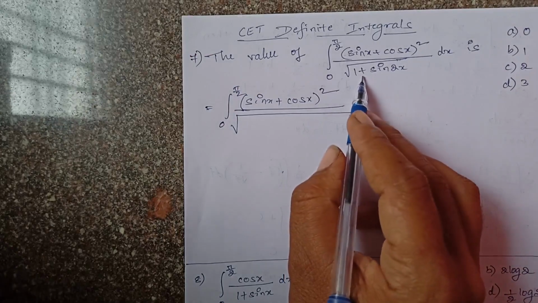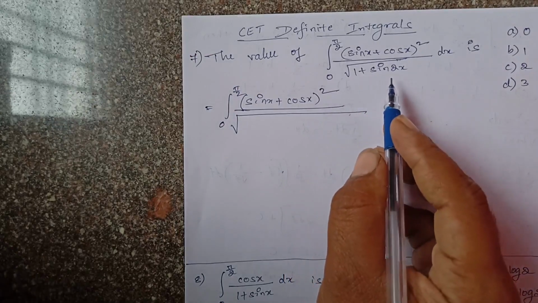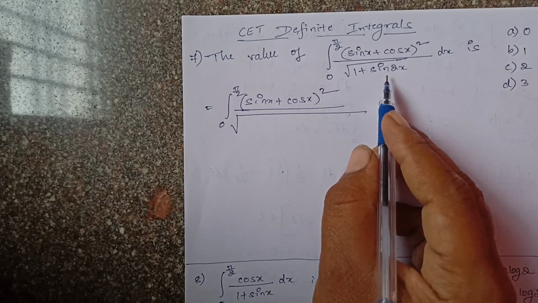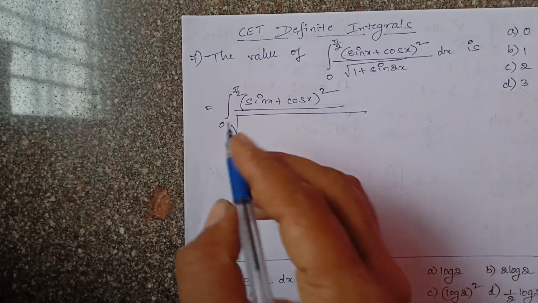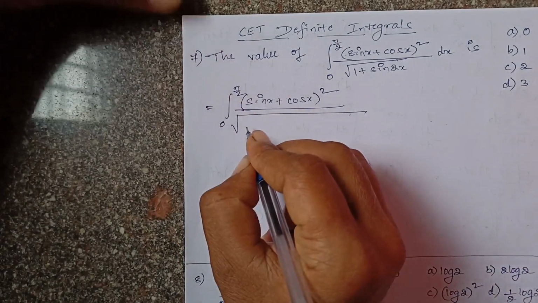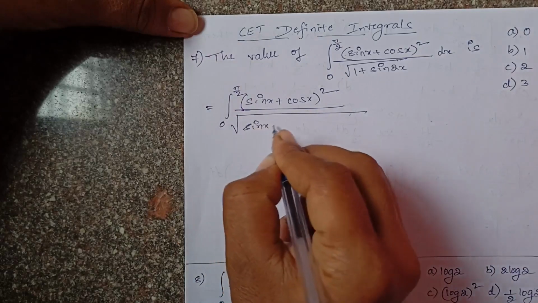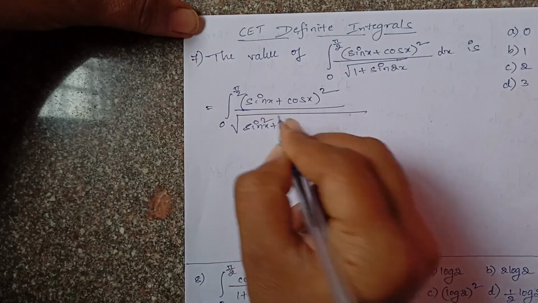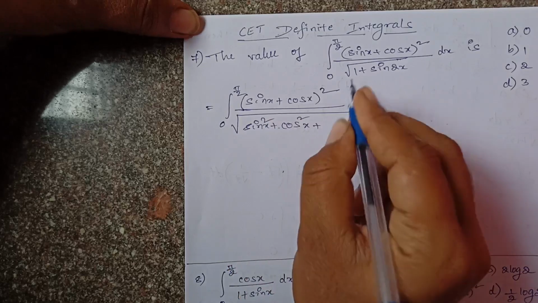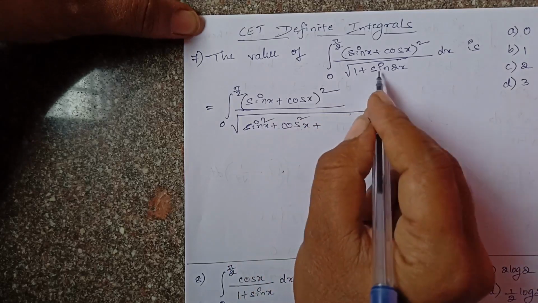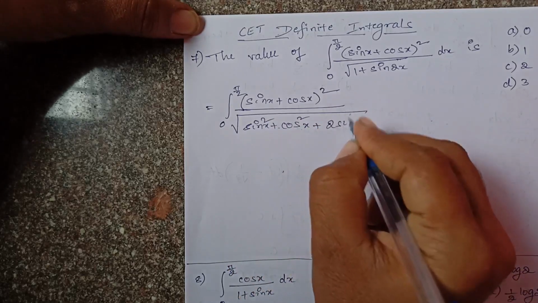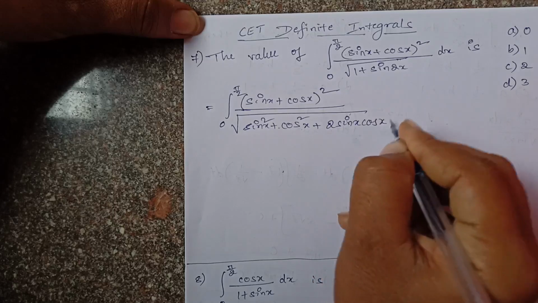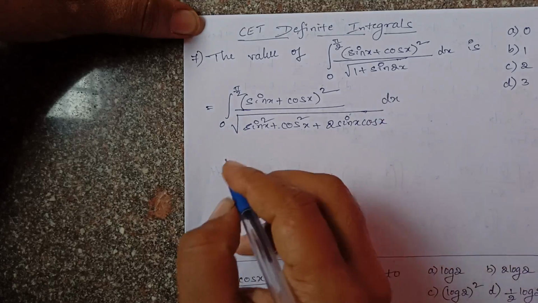I will write the simplified form of 1 plus sin 2x. How will you write it? I explained in the previous problems also. 1 you write as sin square x plus cos square x, which is nothing but 1. Sin 2x equals, use the formula, 2 sin x into cos x, into dx will be there here.